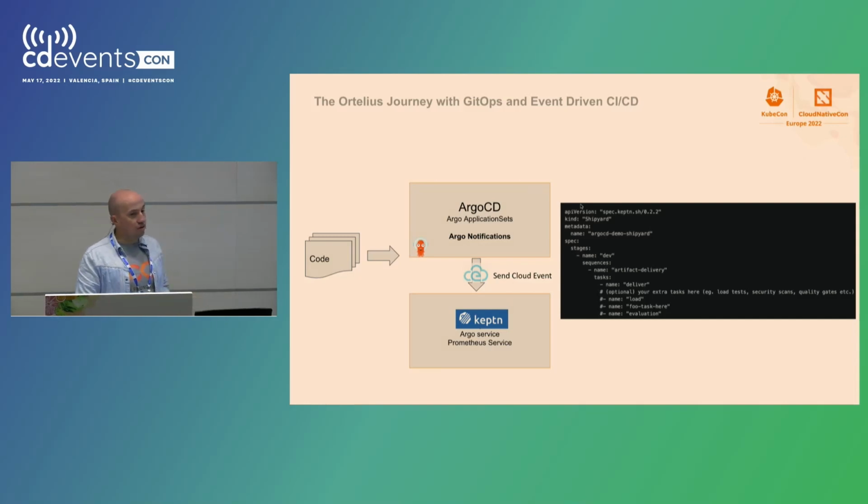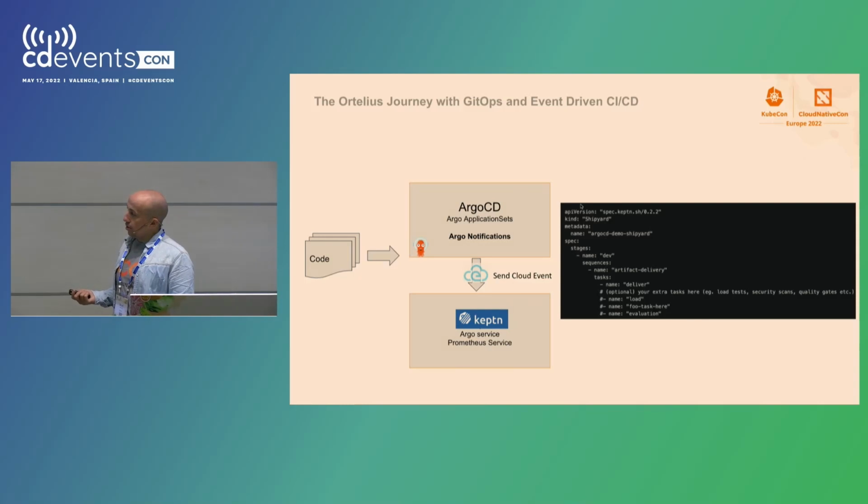Similar to event-based architecture and microservices in your apps, we're essentially bringing this into CI/CD, which is really cool. I can send a cloud event and say, go trigger this stage, and then it will go through my tasks, and my services will be subscribed to them, which we'll see soon as well.